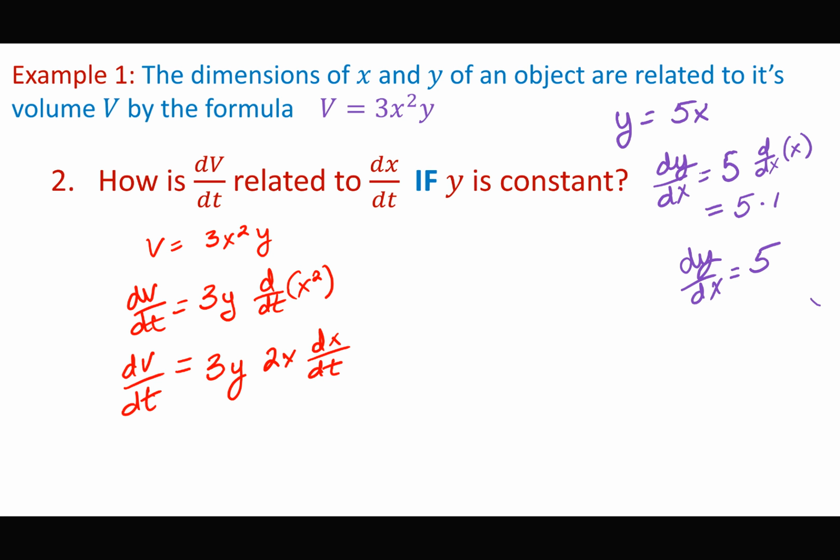So this is chain rule. The derivative of x squared with respect to t, I bring the 2 down, the inside stays, so that's why it's just 2 times x. And then the derivative of x with respect to t is dx/dt. I could take this one step further just to clean it up.